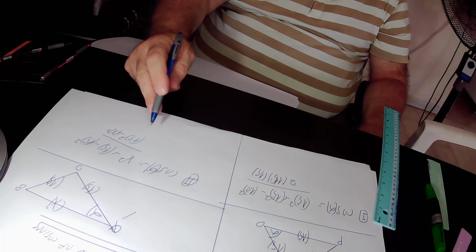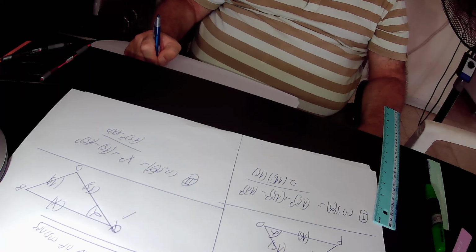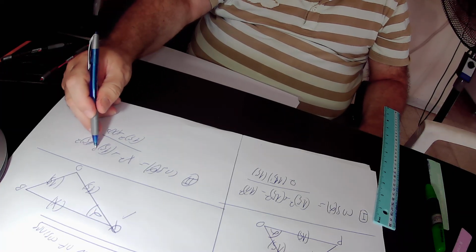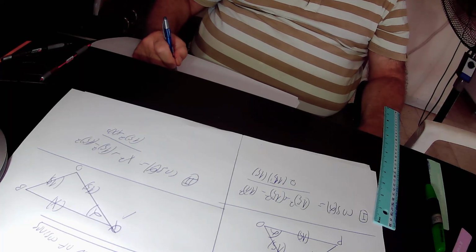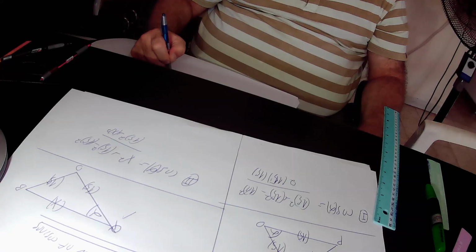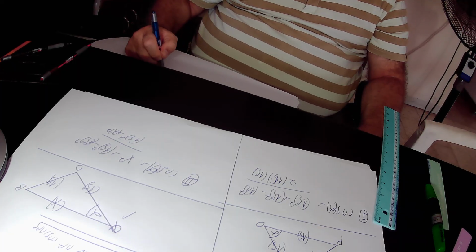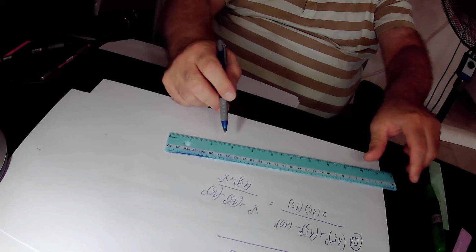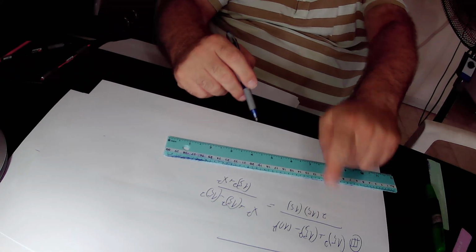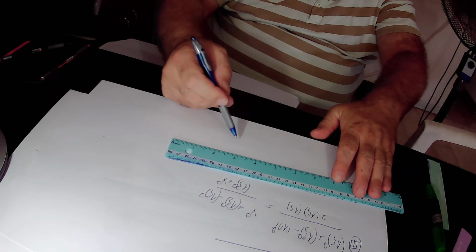Cosine alpha according to equation 2 equals x squared plus 15 squared minus 15 squared divided by 15 squared plus x squared. So this is equation 3 that says that cosine alpha according to equation 1 must be equal to cosine alpha according to equation 2.